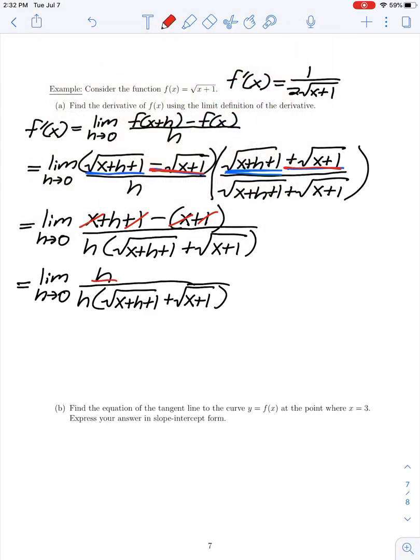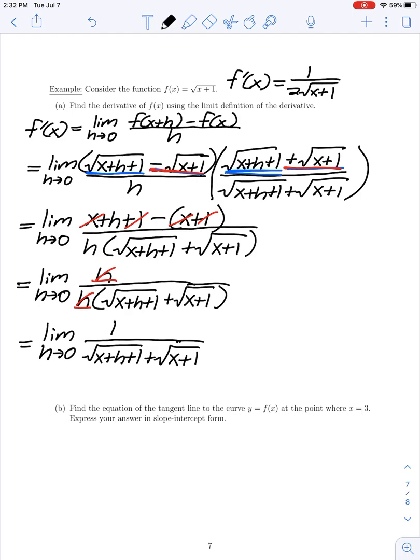So here, this common factor of h on top and bottom we can cancel, and we are left with the limit as h approaches 0 of 1 over the square root of x plus h plus 1 plus the square root of x plus 1.